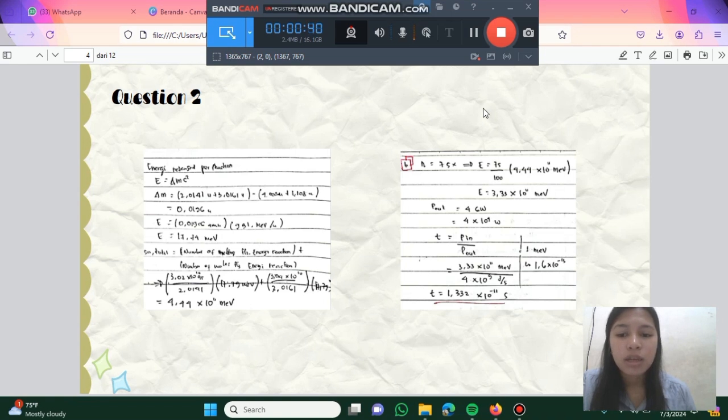So P out is equal to 4 times 10 to the power of 9 W, and T is E per P out. So we get T is equal to 1 times 332 times 10 to the power of minus 11 s. With 1 MeV, it's equal to 1 times 6 times 10 to the power of minus 13.